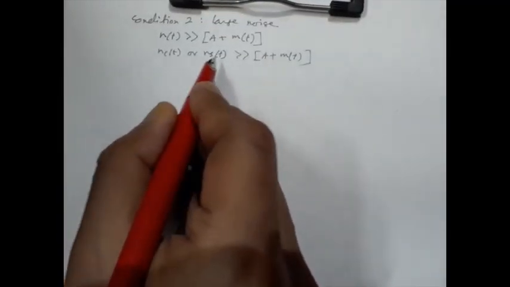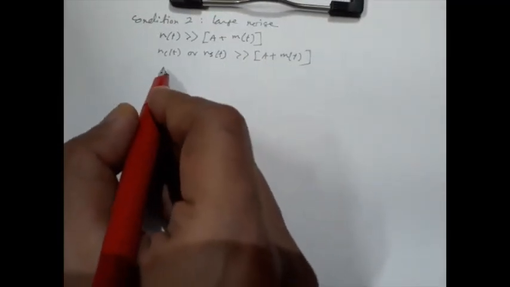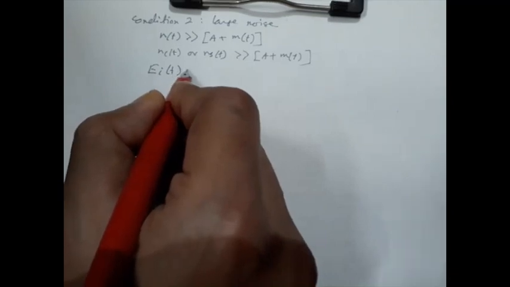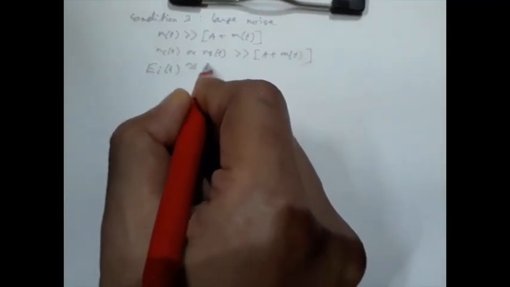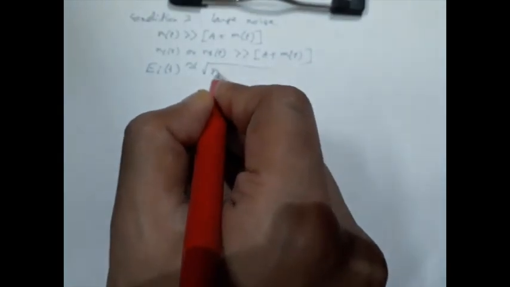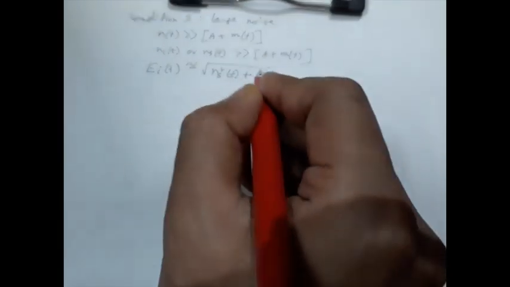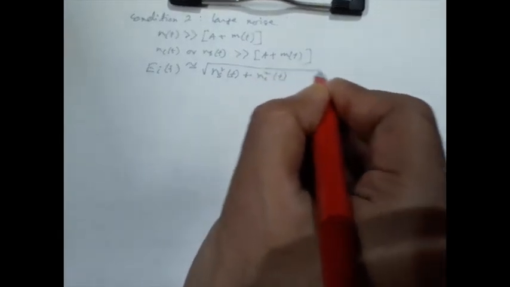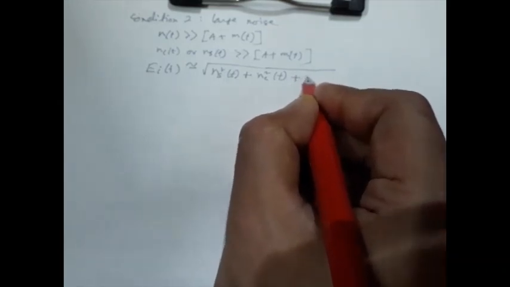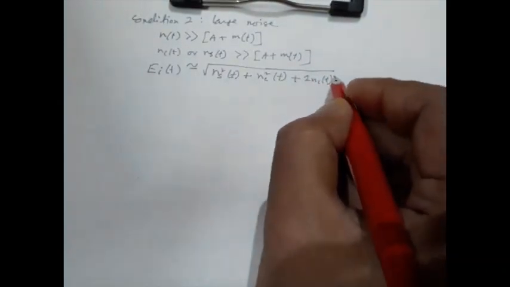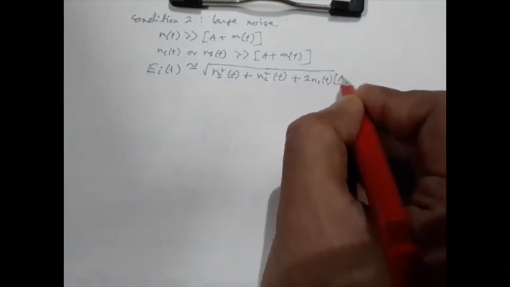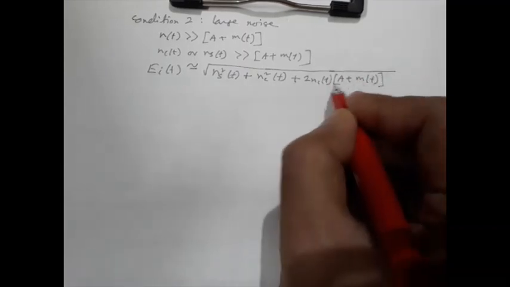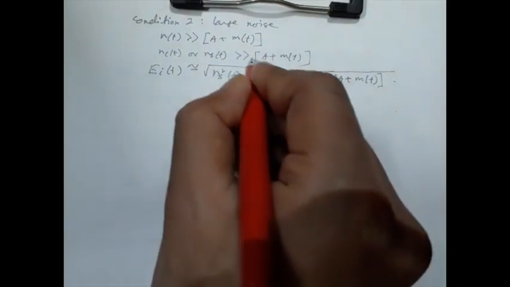So under this condition, the envelope e_i(t) can approximately be written as the square root of ns square(t) plus nc square(t) plus twice nc(t) into (A plus m(t)), and the square of this term will be neglected since this one is very small.